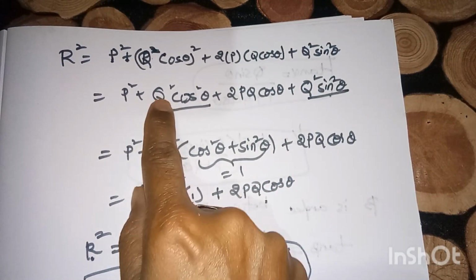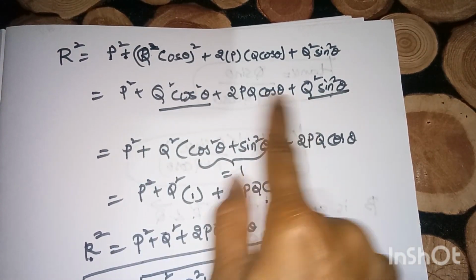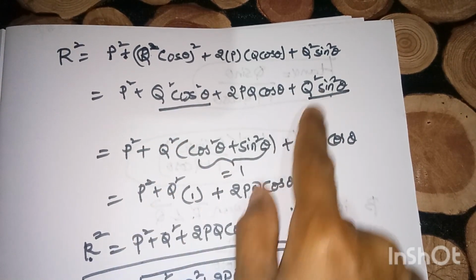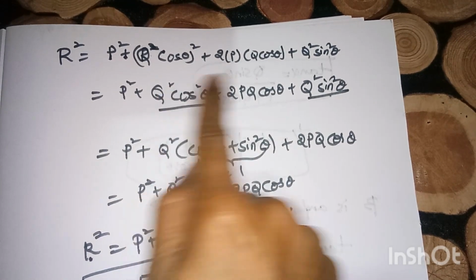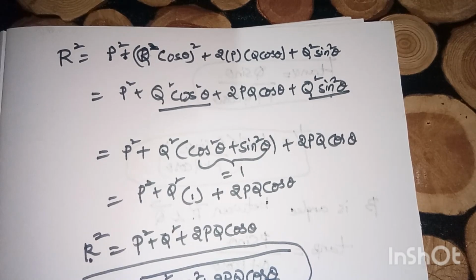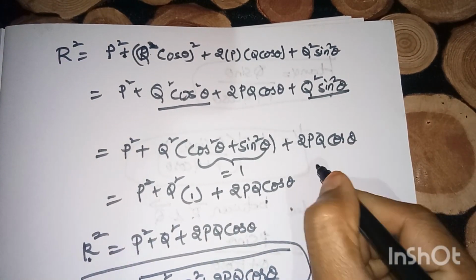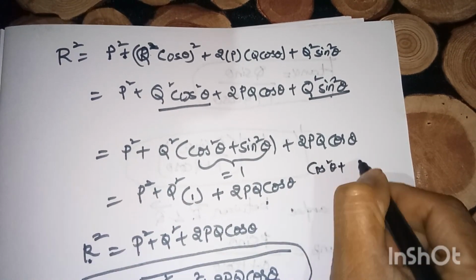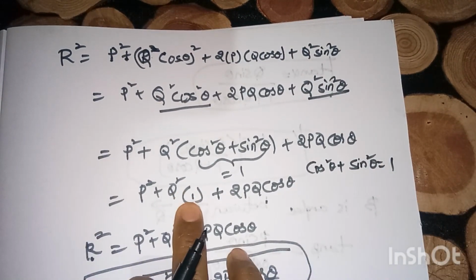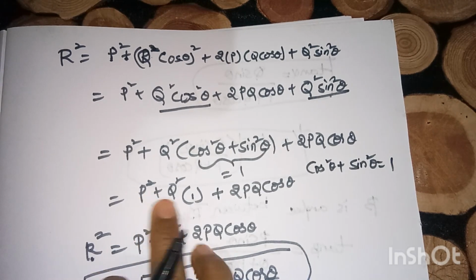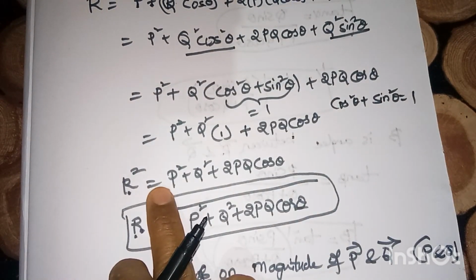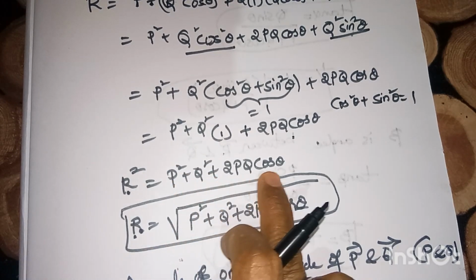From this, make Q square common: P square plus Q square times cos square theta plus sin square theta, plus 2PQ cos theta. Cos square theta plus sin square theta is equal to 1 in trigonometry. So what do you get here? P square plus Q square into 1 plus 2PQ cos theta. So R square equals P square plus Q square plus 2PQ cos theta.